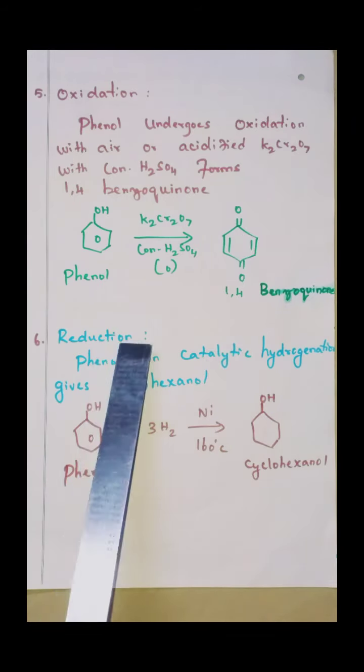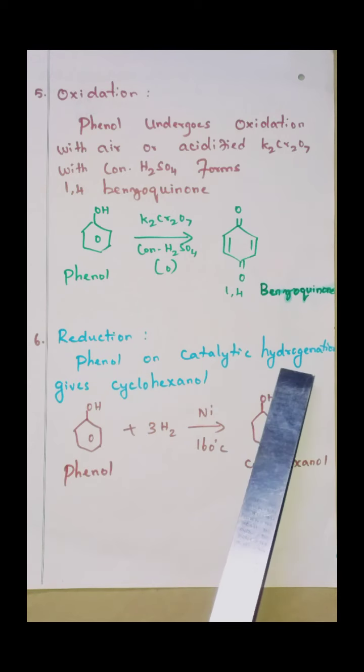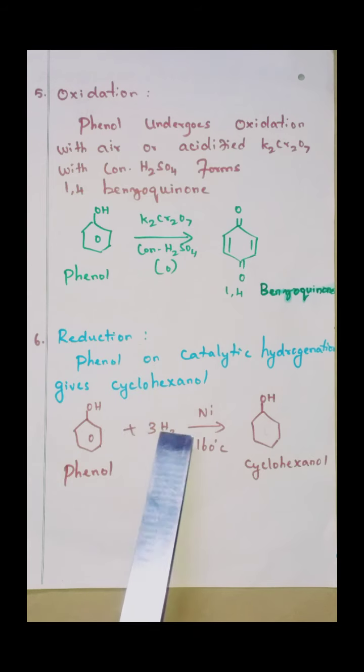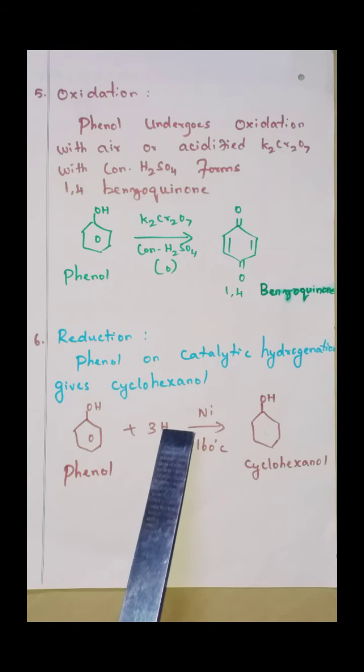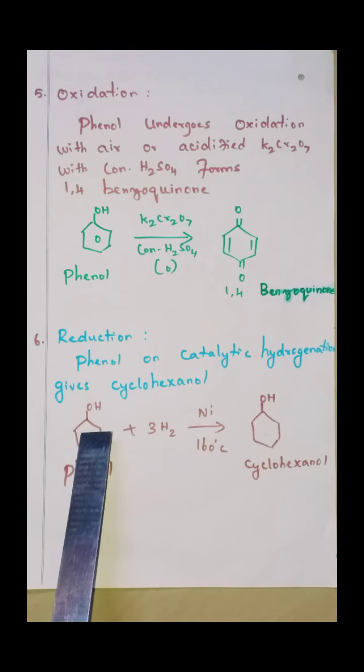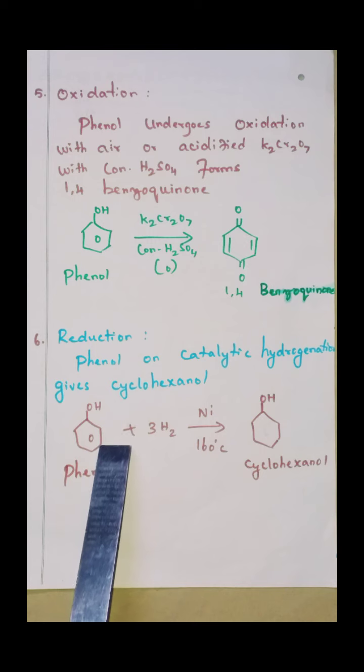But here is a reduction reaction. See, phenol on catalytic hydrogenation. Reduction reaction means addition of hydrogen. See, 3 into 2, 6, totally 6 hydrogens. The 6 hydrogens go and add here. Here there was only CH.